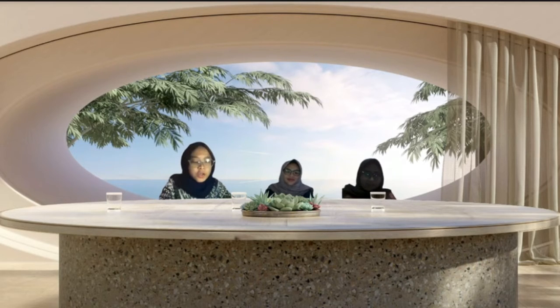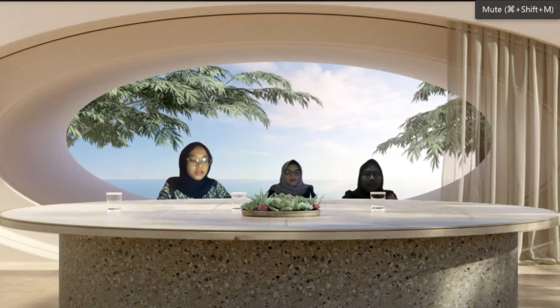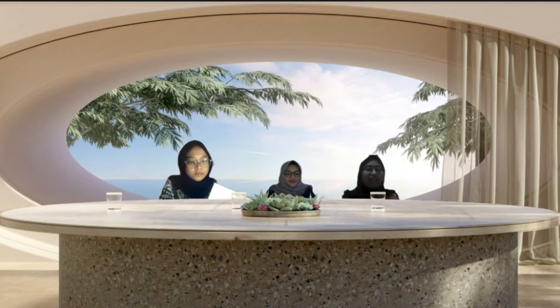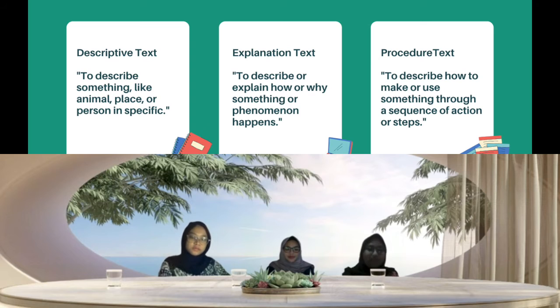So it's like any other text but with a different purpose, right? Right. We can see a difference between texts in the function of the text. Then what is the function of explanation text? Before I tell the function of explanation text, I want to tell you about the function of descriptive text and procedure text.